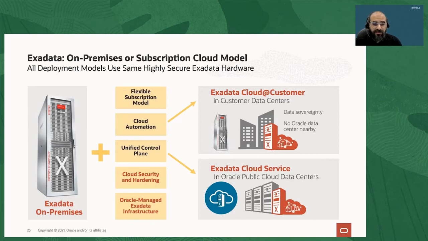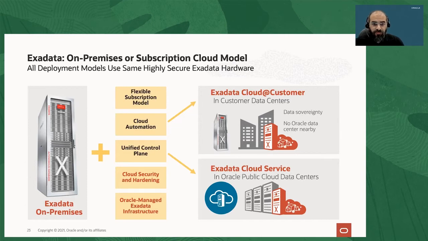And with the cloud at customer, Oracle manages your infrastructure from patching and from monitoring of what we call the dom0s and everything that is infrastructure-wise. Now, the Exadata Cloud at Customer in your data center is cloud on your premises.